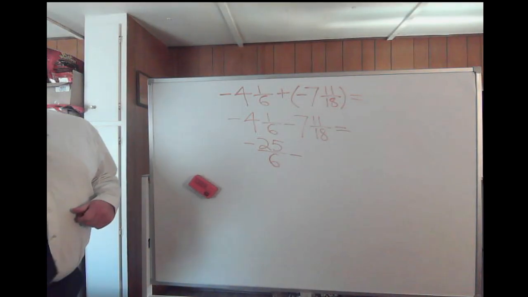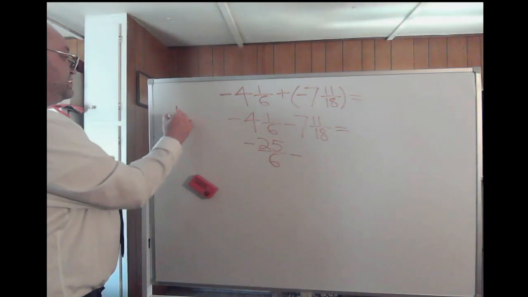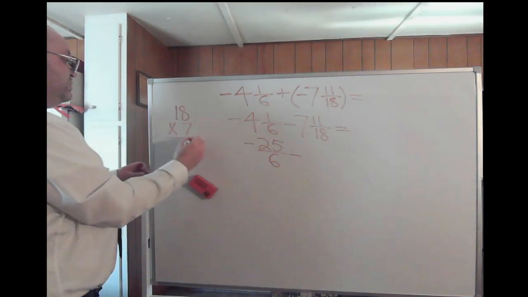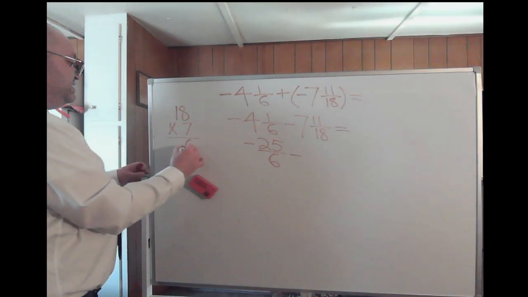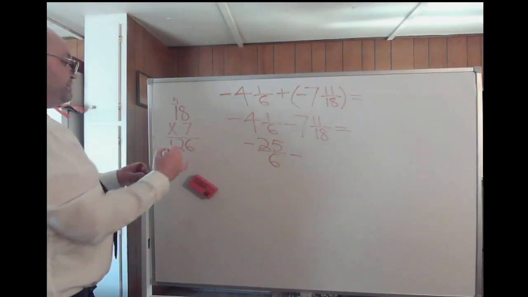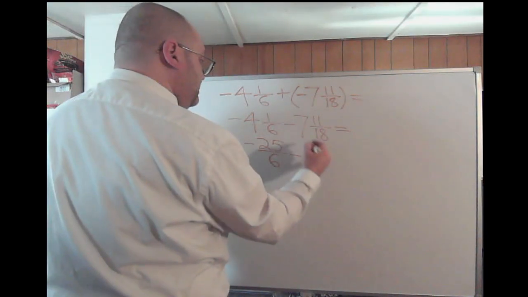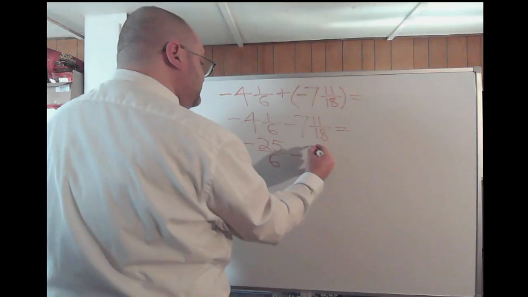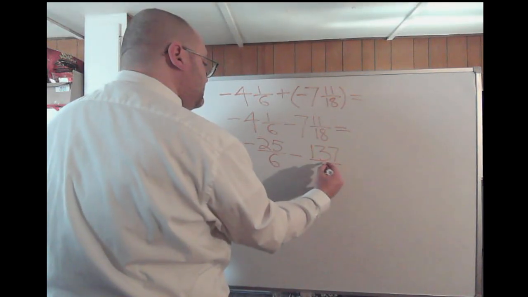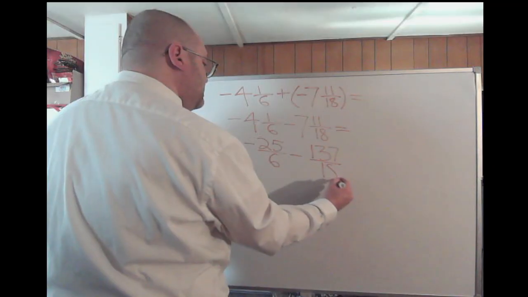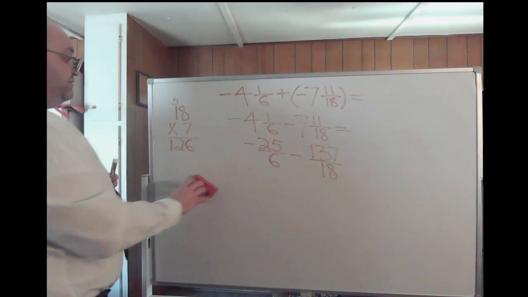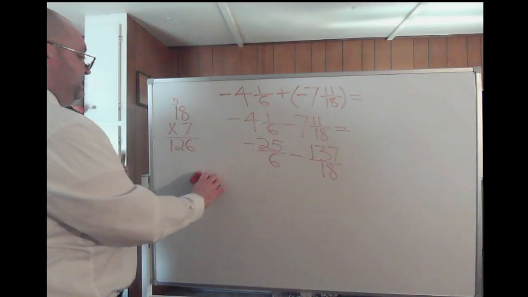I don't know, but let's work that out on the side real quick since I've misplaced my phone for a minute. We have 18 times 7. 8 times 7 is 56. Yep, it'd be 126. So that would be 126 plus 11. That's 137 over 18. So you would get 137 over 18.